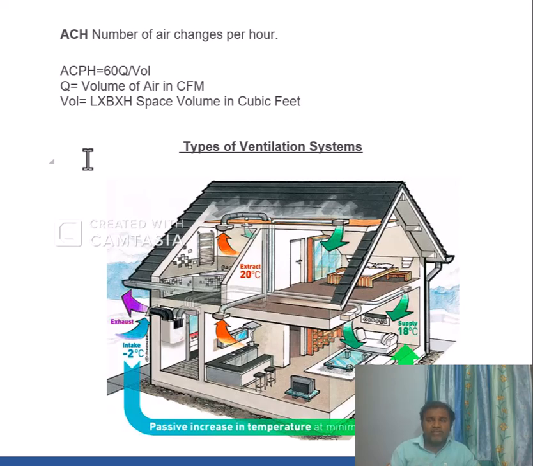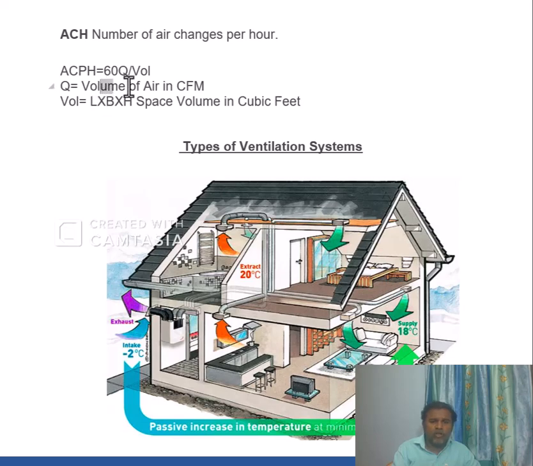If you take a toilet exhaust or kitchen exhaust, the air changes will vary according to the different applications. Why do air changes have to vary? Because the number of times the air has to be replaced within an hour may be 16 times, 10 times, 5 times or 4 times. That is called air changes per hour.